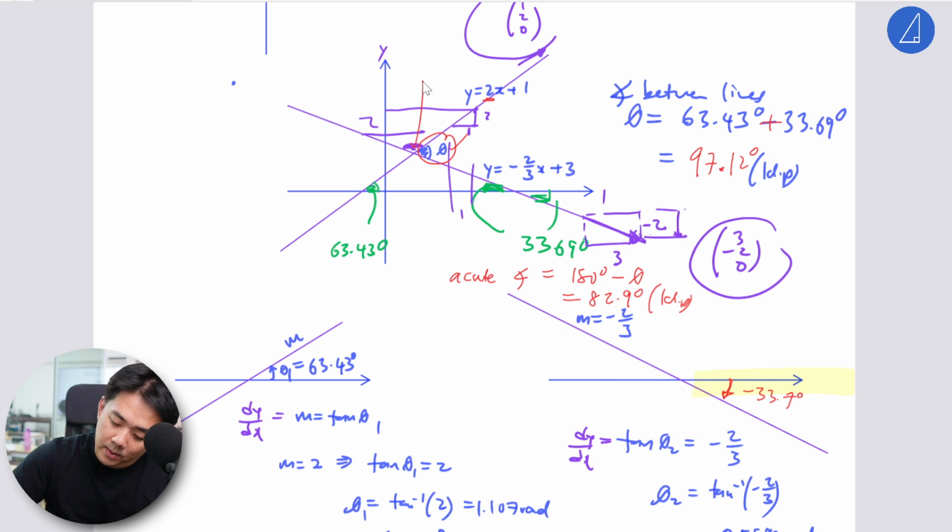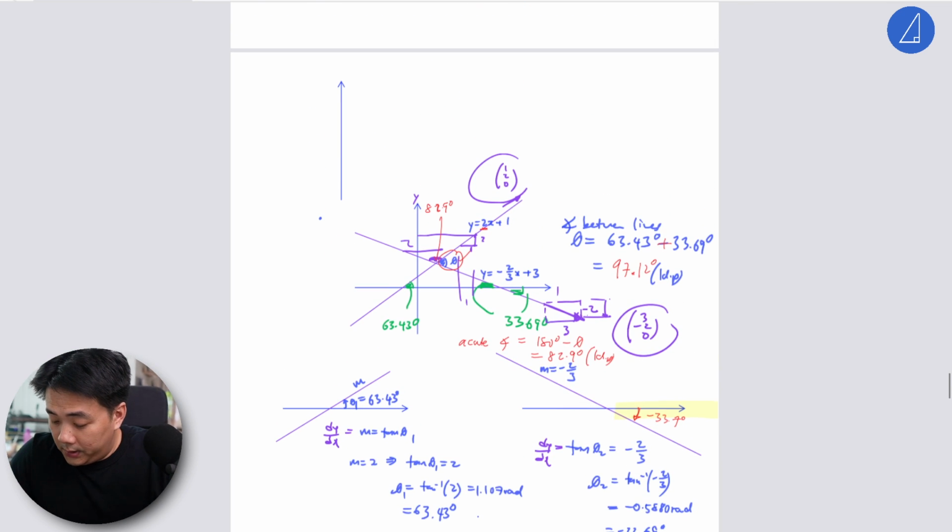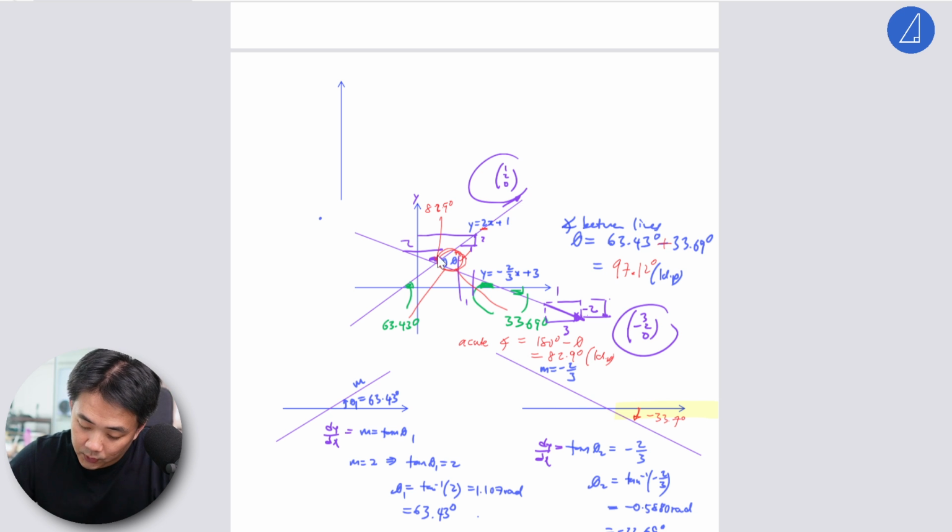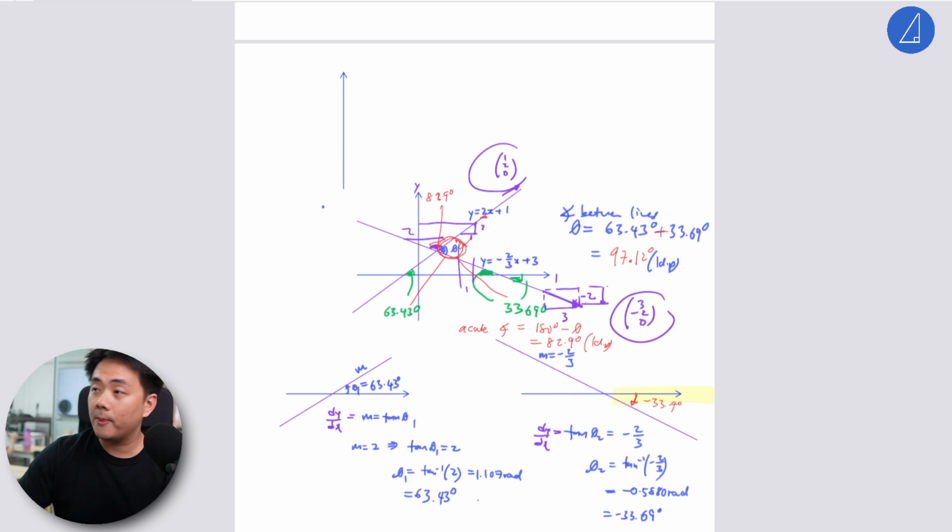So my fault, this one should be 82.9 over here. I take the sum of this and this together, which will be the sum of exterior angles, but this guy is obtuse, so the angle between them is 82.9. Yeah, I did the wrong one.